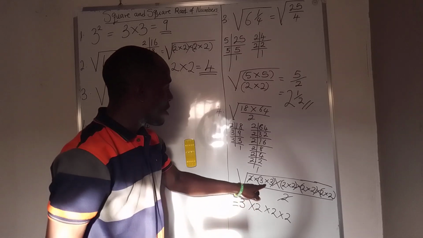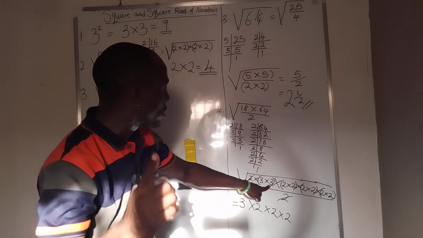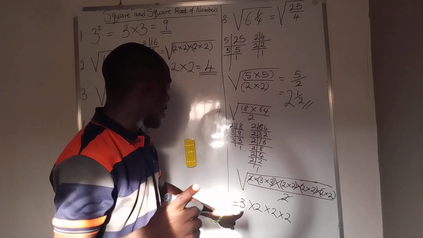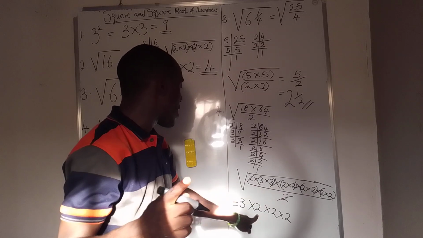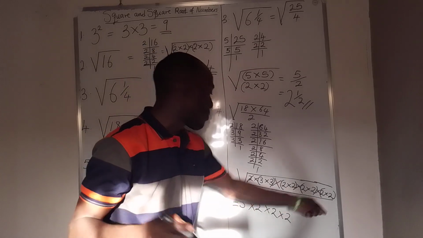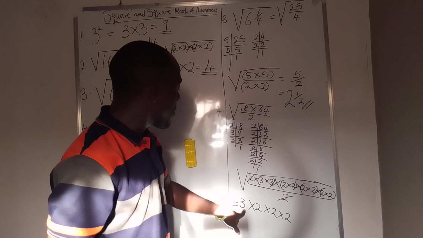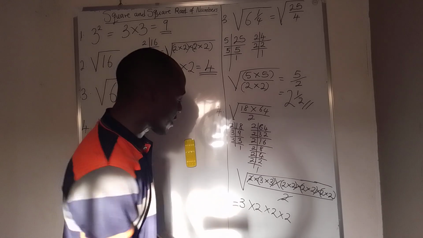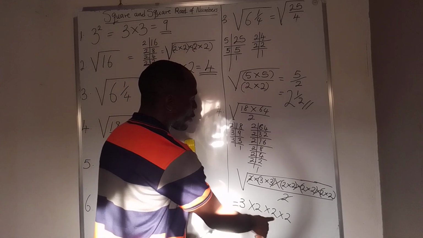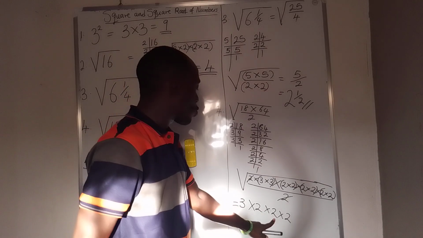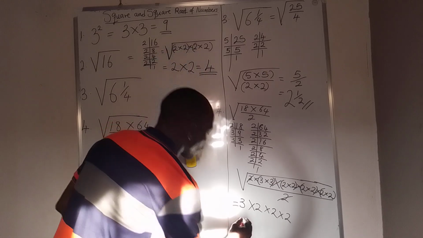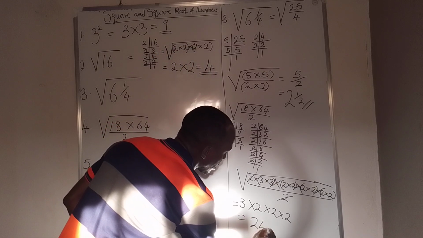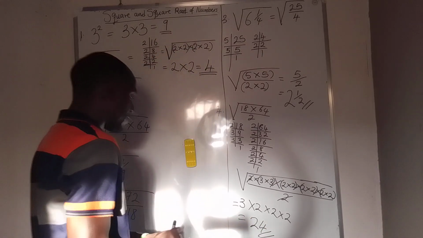For emphasis, for 3 times 3, we are only picking 1 out of it. So 3 multiplied by 2 gives us 6. 6 multiplied by 2 gives us 12. And 12 times 2 gives us 24. So our answer is 24.